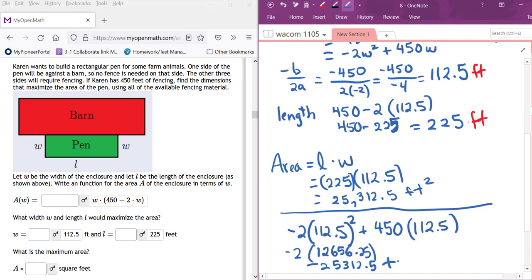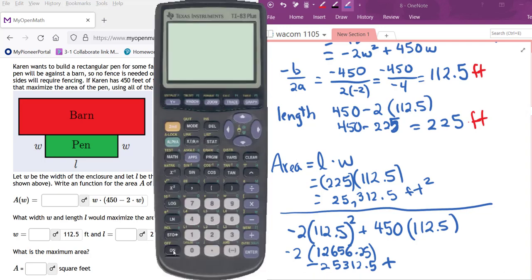And then we're going to add 450 times 112.5. So I should just pull this up for you guys. This one would not work nice in your calculator.